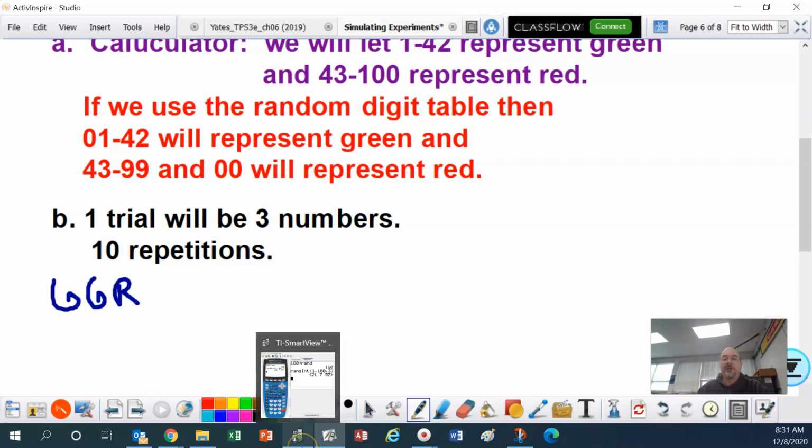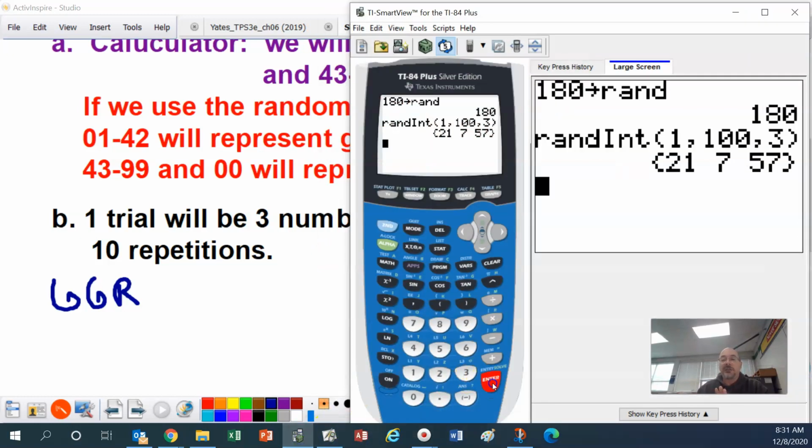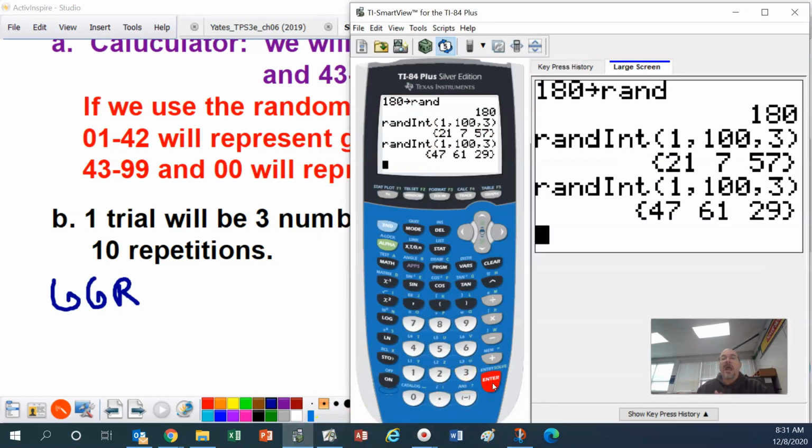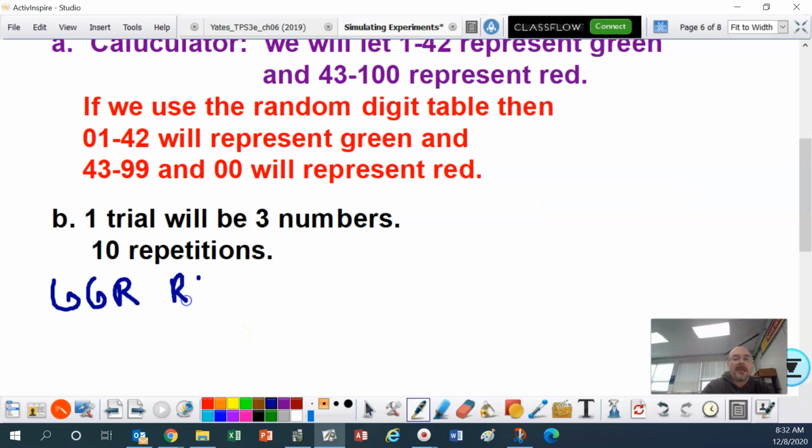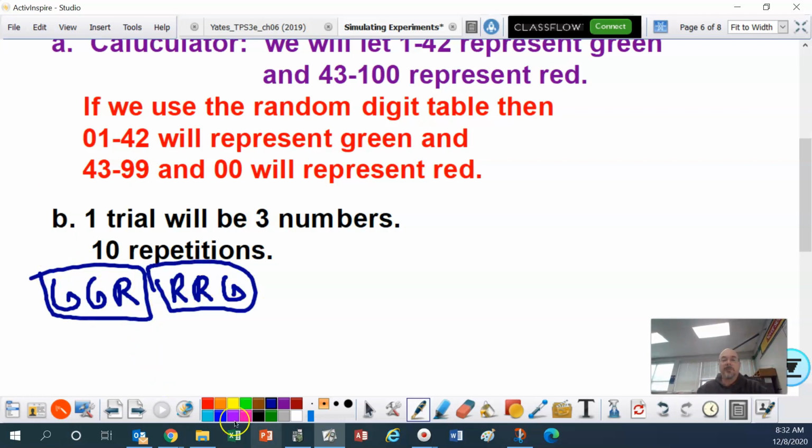So that's the first trial. All right. Now just hit enter. Red, red, green. Okay. Red, red, green, and you might want to keep those separate, so you don't get them mixed in.